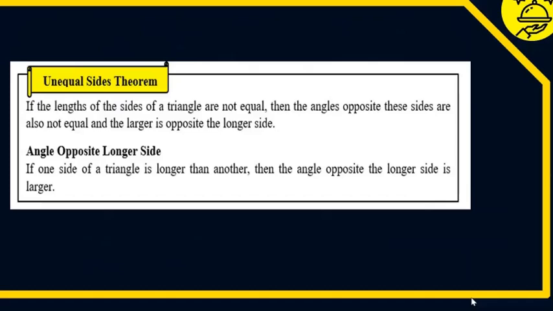If the lengths of the sides of a triangle are not equal, the angles opposite those sides are also not equal. The larger the side, the larger the opposite angle. So if we have the larger angle, the opposite side is the larger side. This is the angle opposite longer side theorem: if one side of a triangle is longer than another, then the angle opposite the longer side is larger.